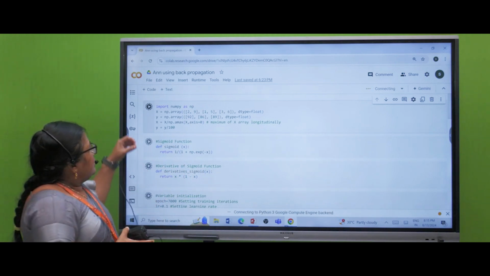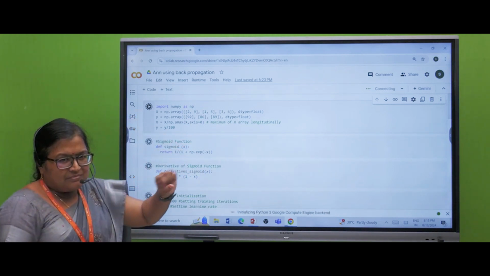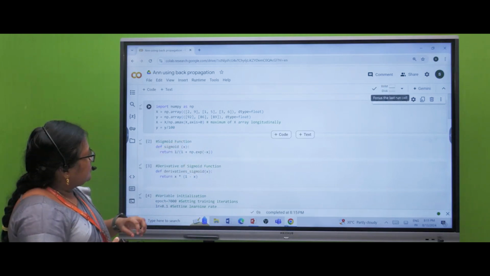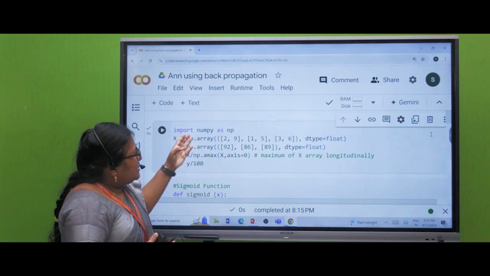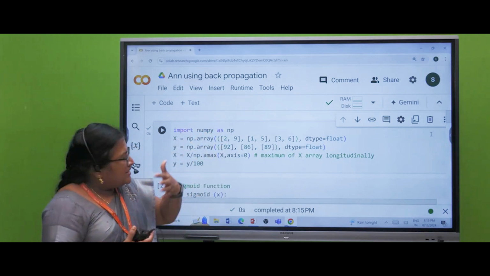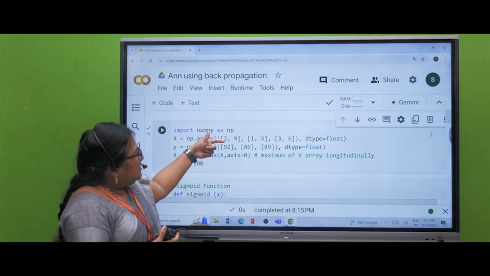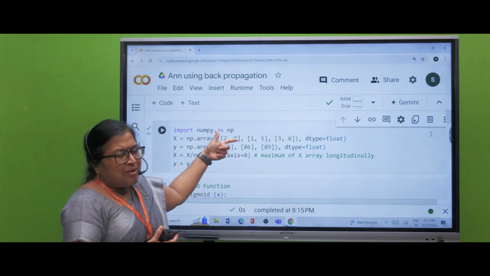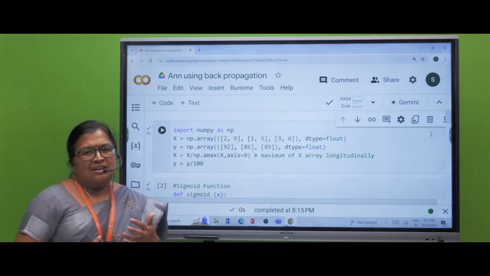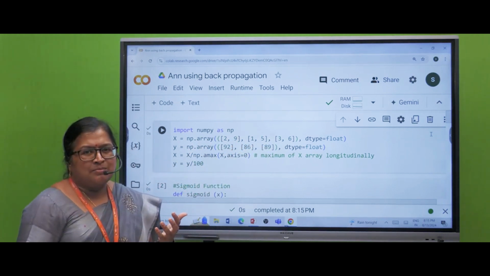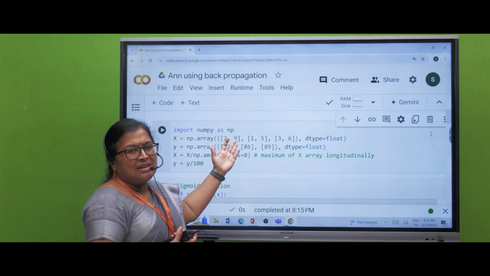So this is one more algorithm. Here you can see I have imported NumPy. Instead of taking some data set, I have created simple features, like a matrix, and some labels. Just assume this is a student: this is the reading time and this is the sleeping time.